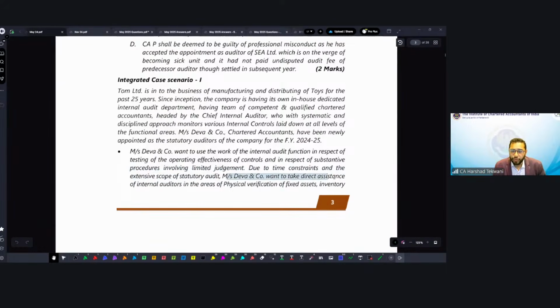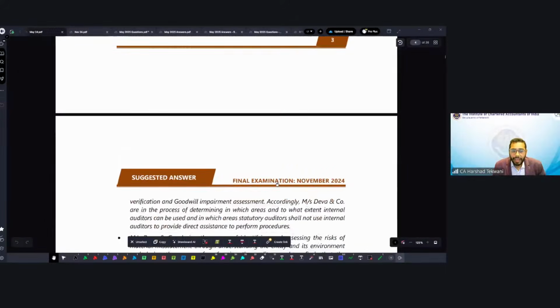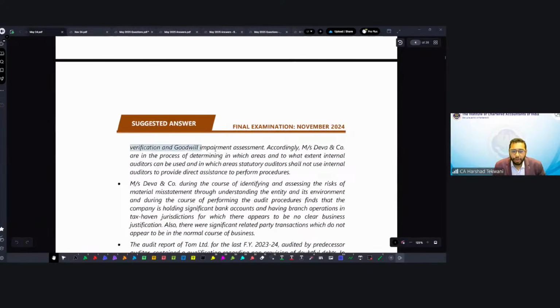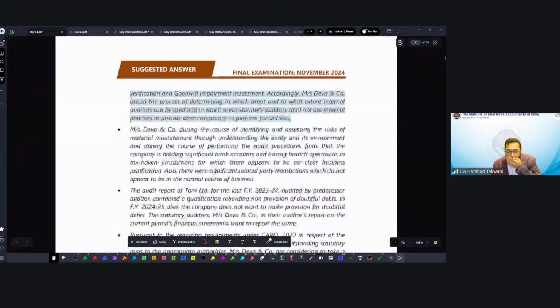Deva and Company want to take direct assistance of internal audit in the areas of physical verification of fixed assets, inventory verification, and goodwill impairment assessment. Accordingly, they are in the process of determining in which areas and to what extent internal auditors can be used, and in which areas statutory auditors shall not use internal auditors to provide direct assistance to perform procedures.